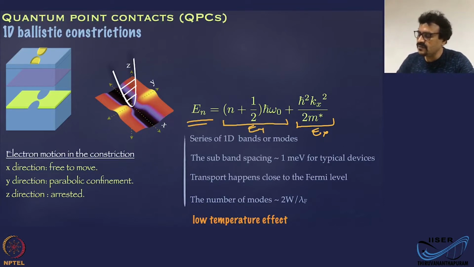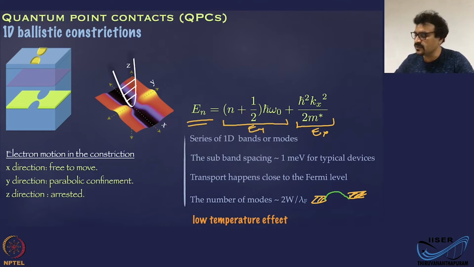So what you have are the modes along the y direction because of the confinement. If I draw it here, you have this confinement because of the voltage on the gate, then the electron wave functions form modes in the constriction.